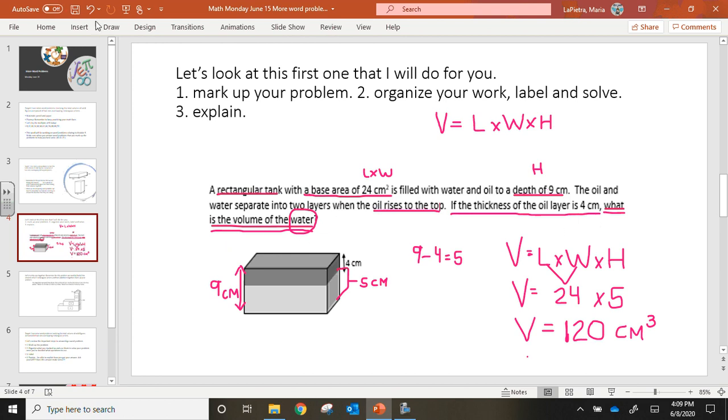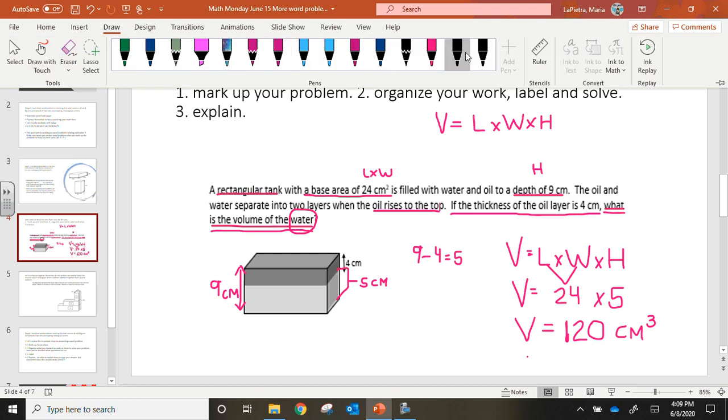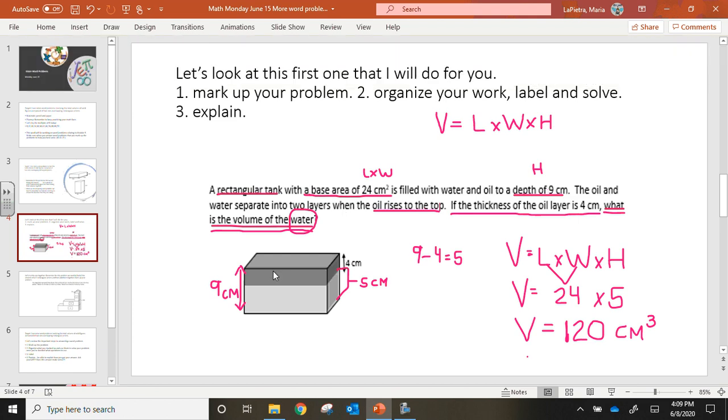So this part here, I'm going to label it for you. This part here is the oil. The bottom is your water, and I'm going to make it short by saying H2O, the scientific symbol for water. Okay, so here's the oil, here's the water part.